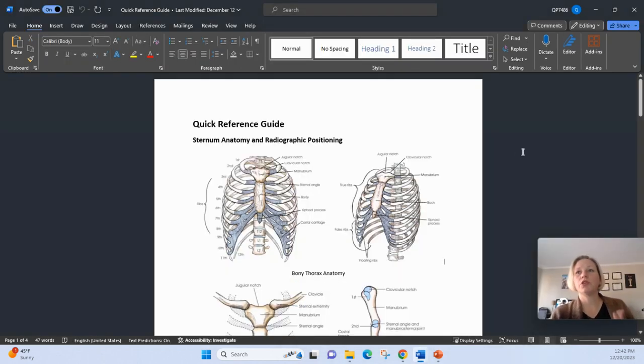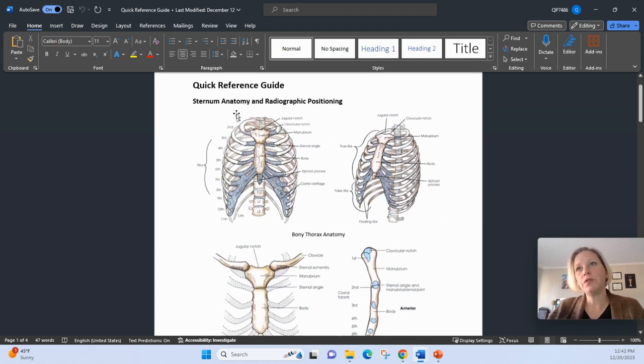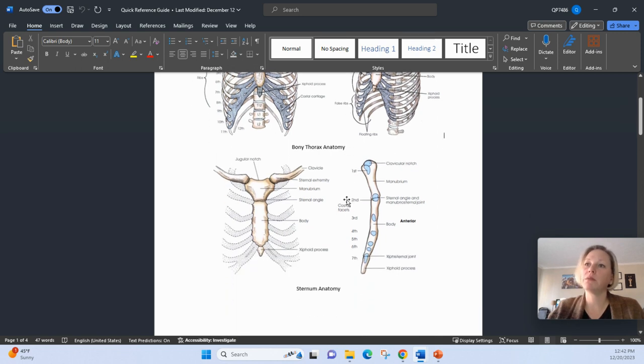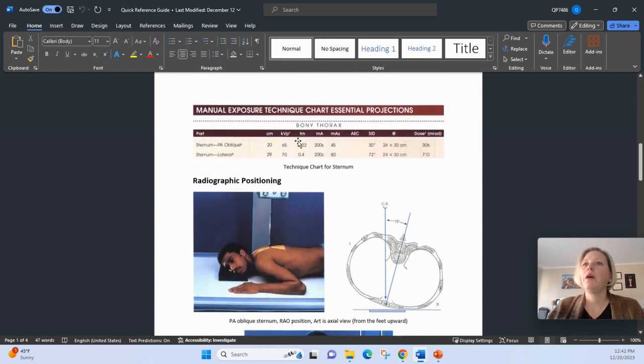And for the next portion, we are going to move into practicing our positioning, which you just learned, in the lab. And for that, I have included a quick reference guide for you. So this includes some graphics that show detail of all of the anatomy for the sternum and for the bony thorax. Here's the sternum.